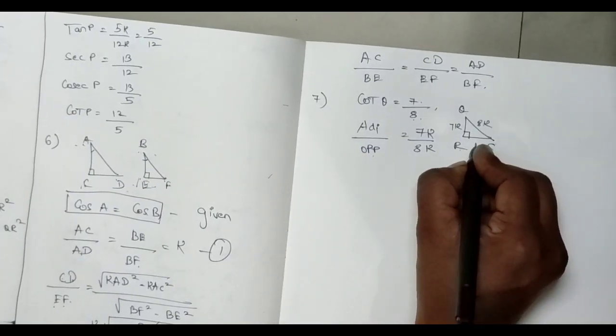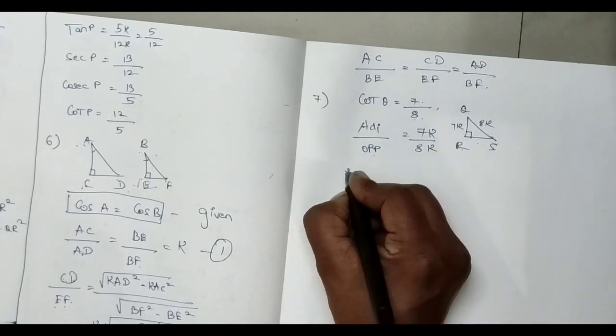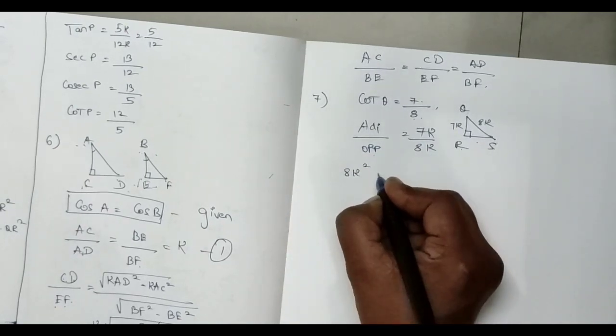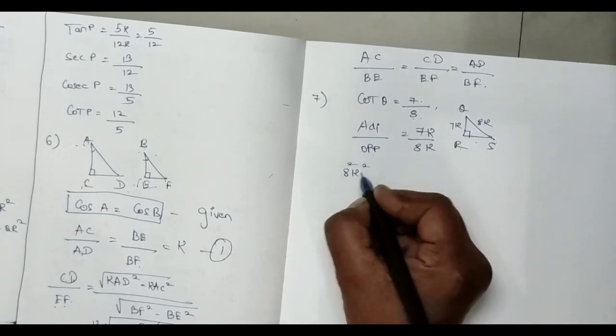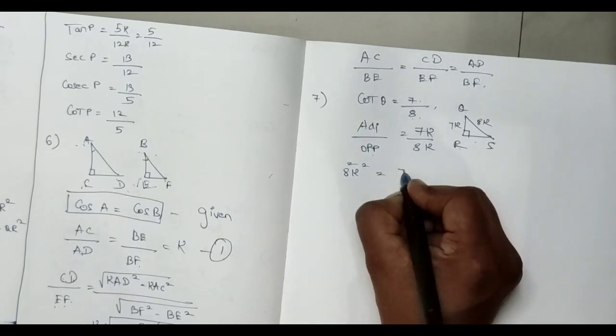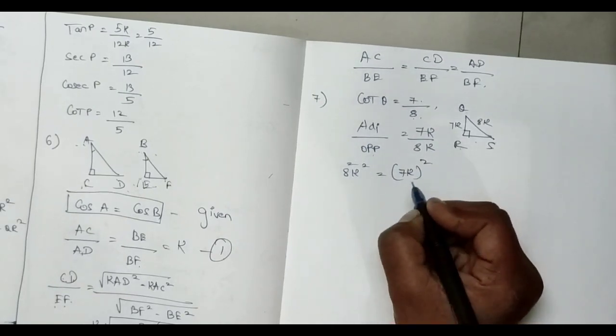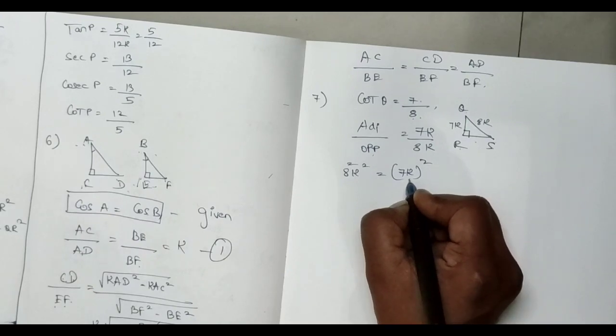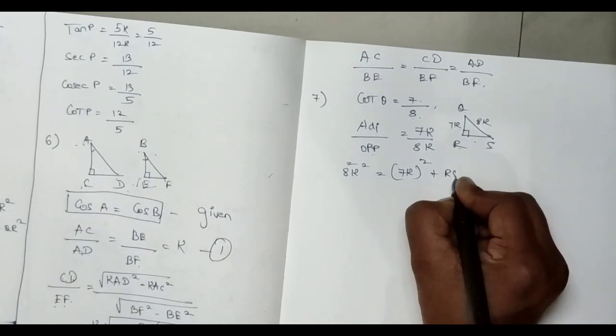So this we can find out by Pythagoras theorem. 8k square, 8 square k square is equal to 7k the whole square, or we can say 7 square k square plus rs square.